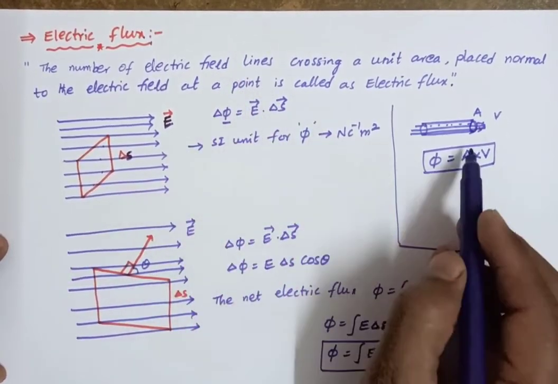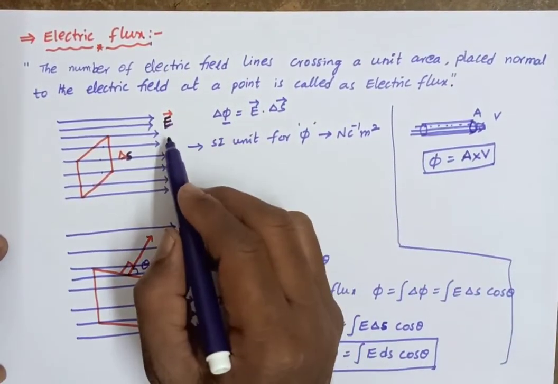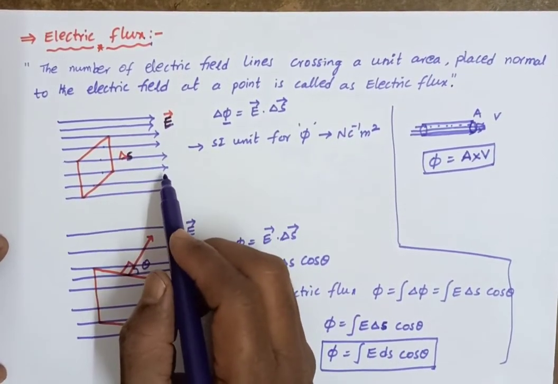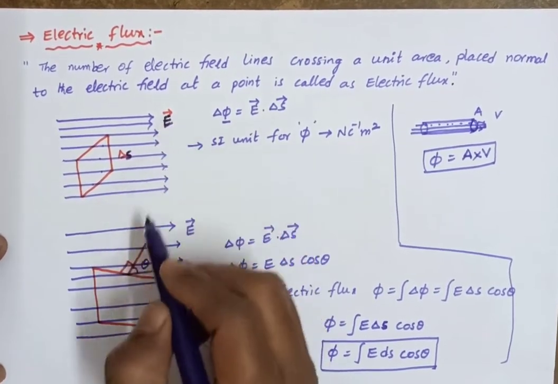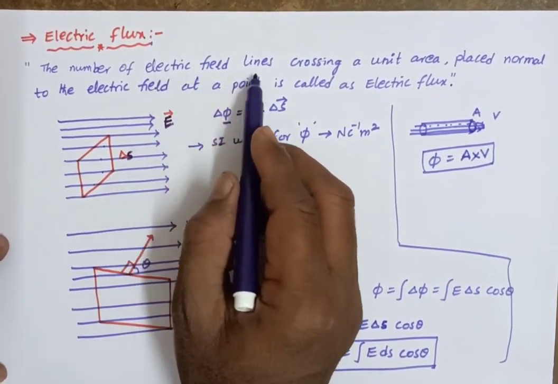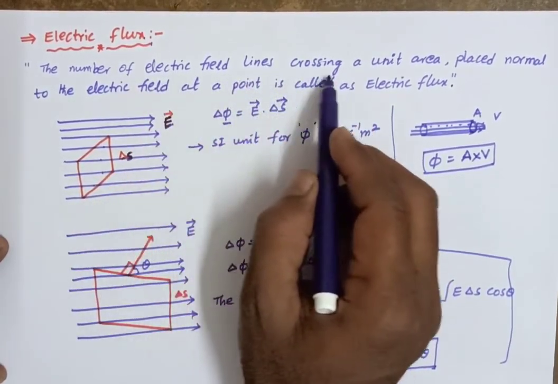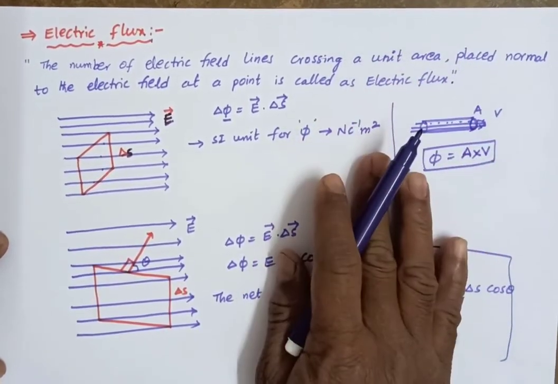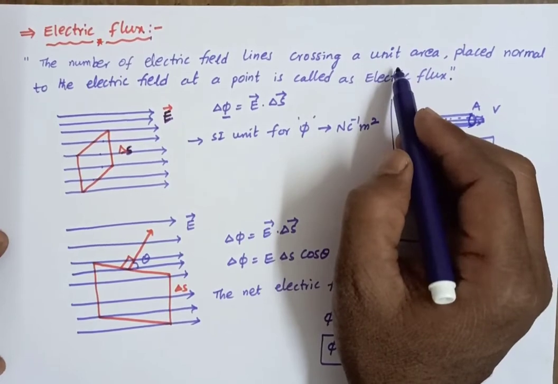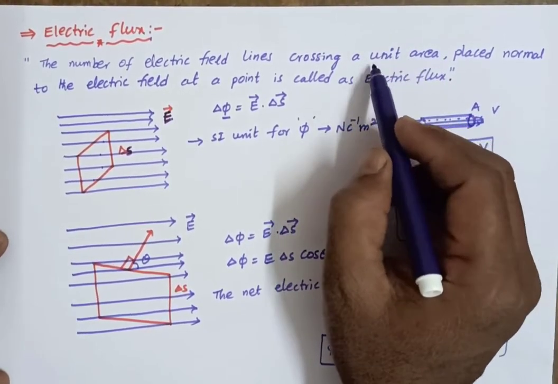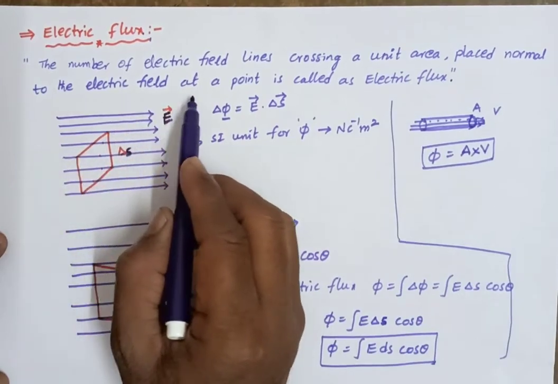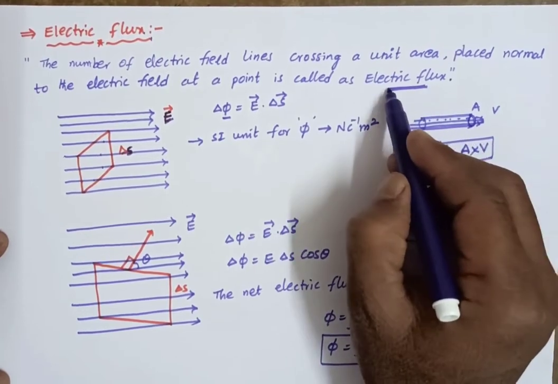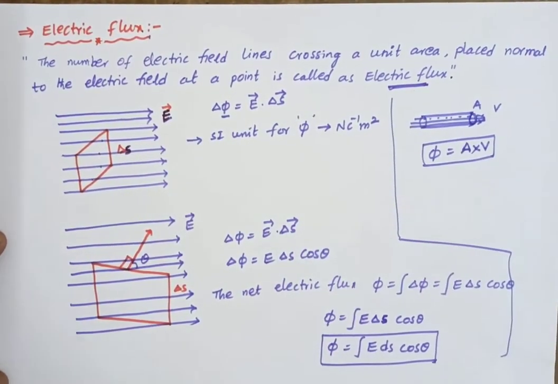So in place of water, we consider the electric field E. The number of electric field lines crossing through a unit area, say 1 centimeter square or 1 meter square, placed normal to the electric field at a point is called the electric flux. So this is about the electric flux.